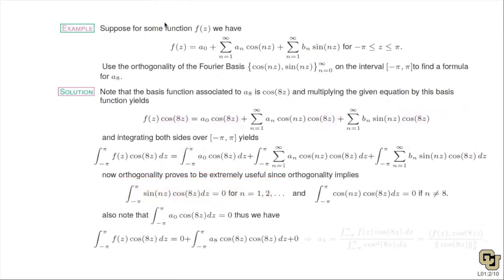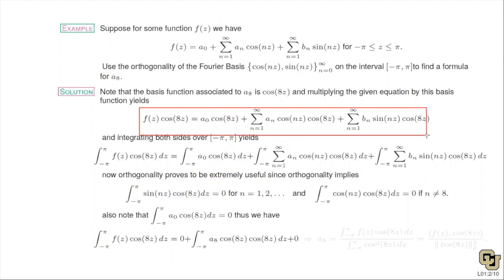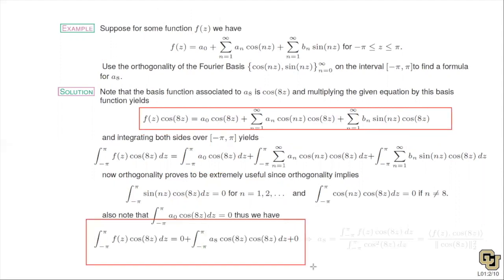So this sum, after the orthogonality, just becomes a very simple expression. And this is purely because of the orthogonality. Now remember what I'm trying to do here. I want to isolate this constant a sub 8.